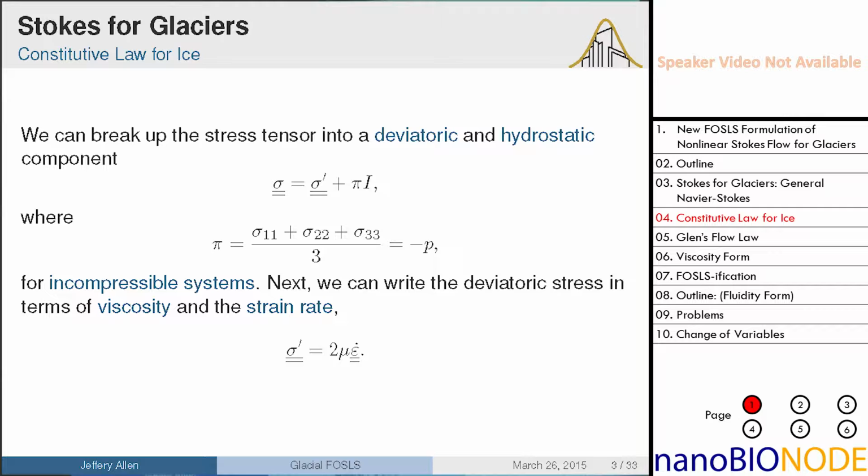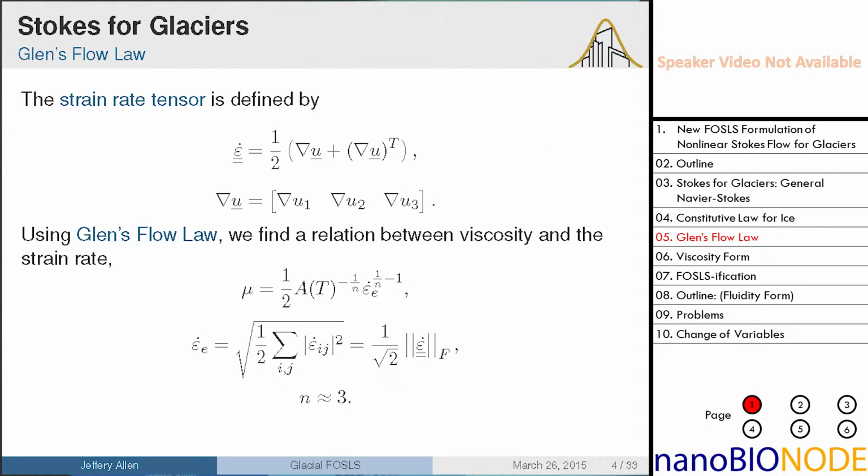Since we're an incompressible fluid, the hydrostatic portion is just negative P, or pressure. And then the deviatoric becomes the expression 2 times the viscosity times the strain rate. The strain rate can be written as the symmetric gradient of u, where in this case the gradient of u is a matrix where the columns are the gradient of the components of u.